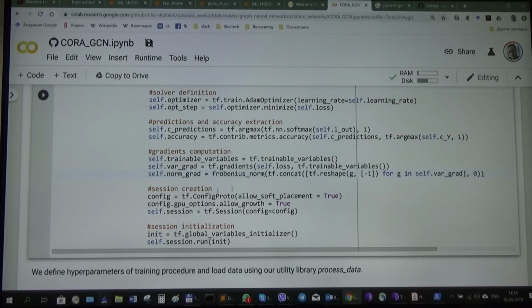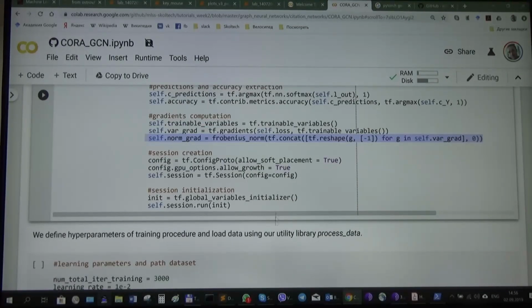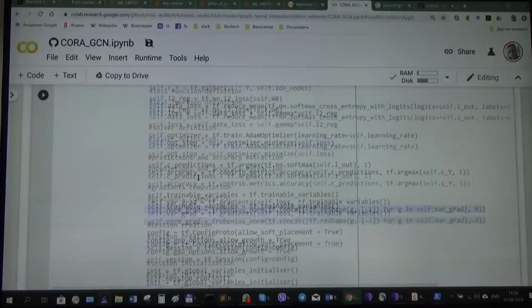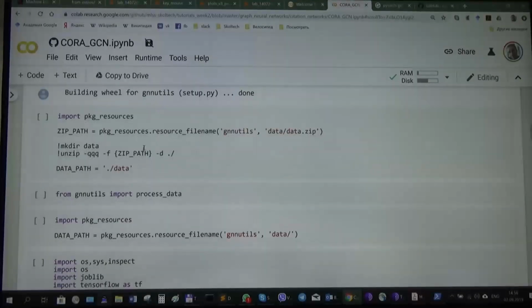It's a good idea to have something like this: compute a metric of your gradient, so you can see what's actually going on during training time, because with these non-typical neural networks, their gradients might just explode or vanish, and you're wasting a lot of time effectively if you don't see how the process occurs. Yeah, let's start running this.